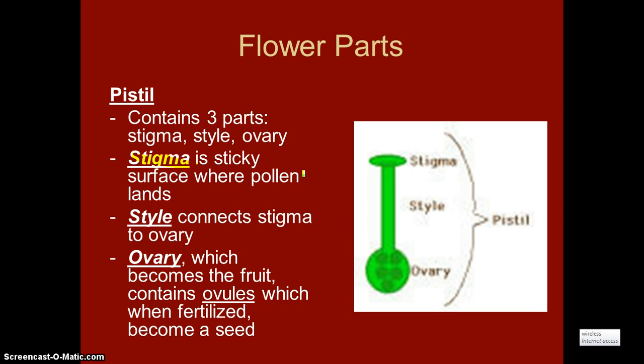And so the style connects the stigma to the ovary, which eventually becomes the fruit of this plant. Inside the ovary, there's a series of ovules, and when they become fertilized, they develop into the seeds. But the whole thing, the stigma, the style, and the ovary, all three of these things are referred to as the pistil.